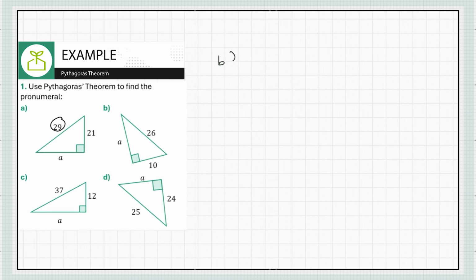If we look at B, we can set this up in exactly the same way. So our hypotenuse is 26. So 26 squared is equal to a squared plus 10 squared. So we can rearrange this entire thing as a squared will be equal to our hypotenuse squared minus our remaining side squared.